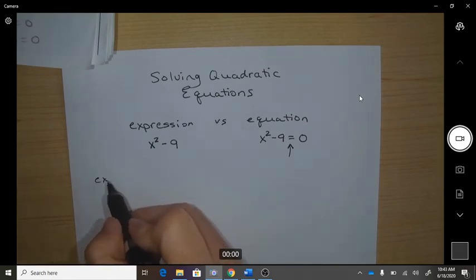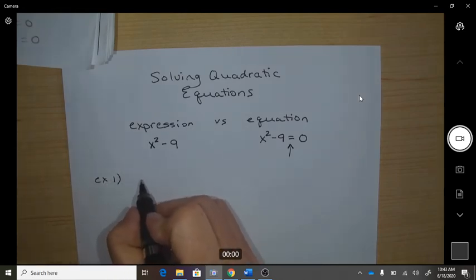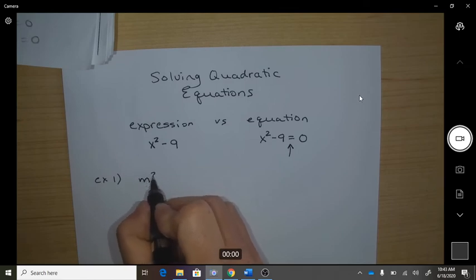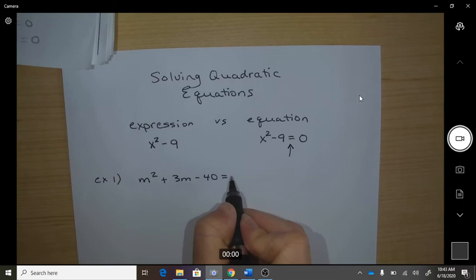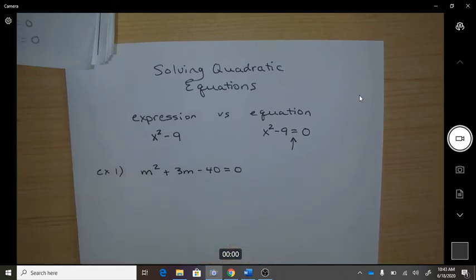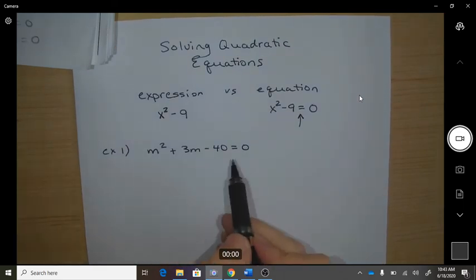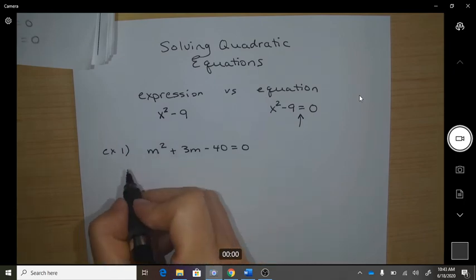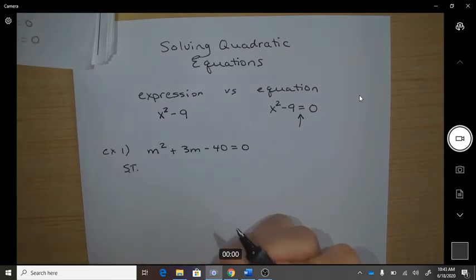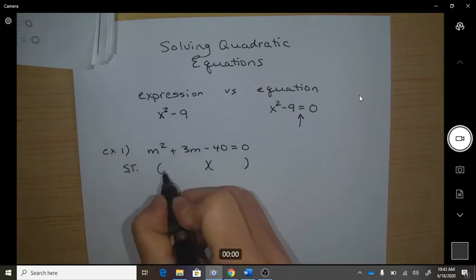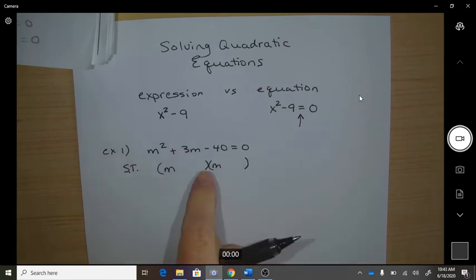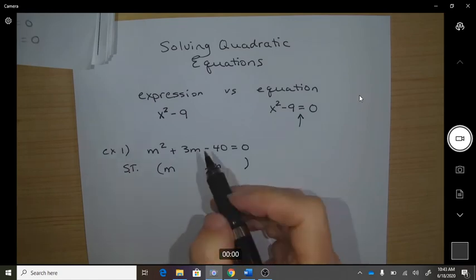Okay, so example 1. m squared plus 3m minus 40 equals 0. Okay, so do you recognize this style? It would be a simple trinomial. So how do we factor simple trinomials? m and m, that's first times first.